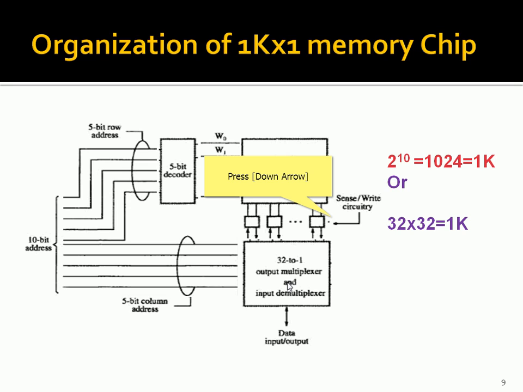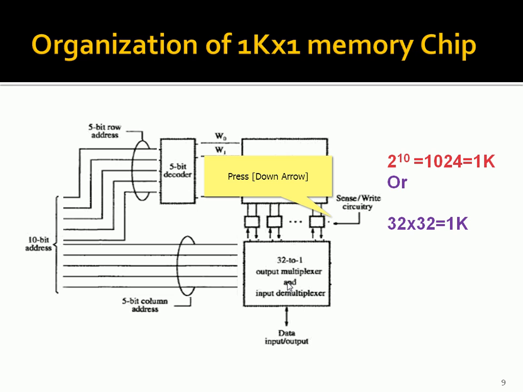Similarly, if 1K into 8 is there, then we can expect 8 outputs. One input, 1 output, or you can use 1K into 8, so 8 inputs, 8 outputs. In that case, a 32 to 8 output multiplexer is essential. So here 1K into 8 memory is organized with the help of this. I hope it is crystal clear.